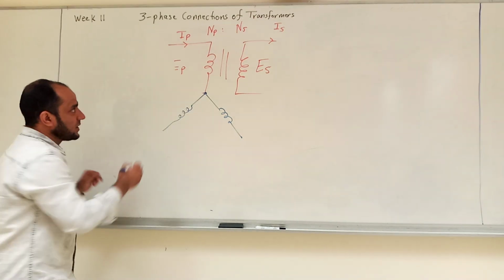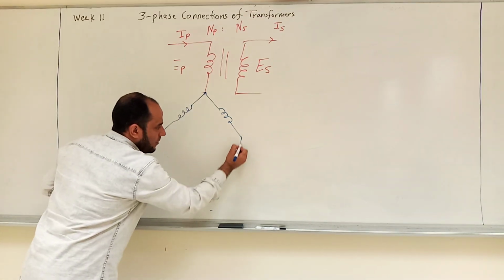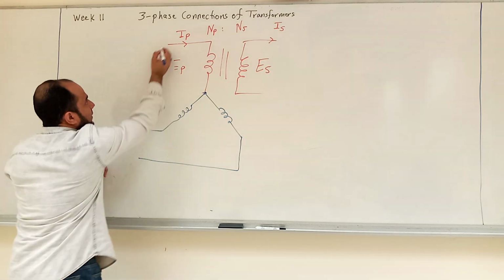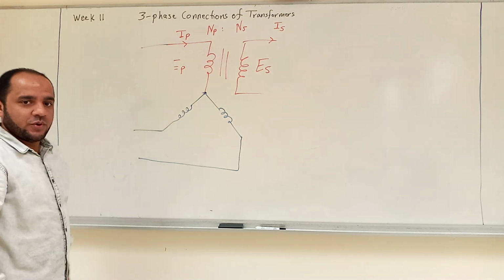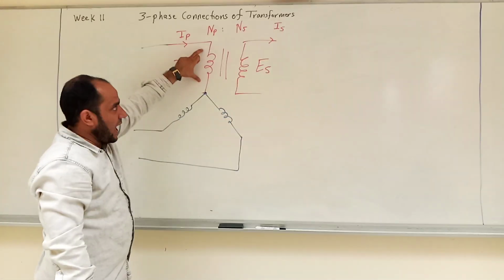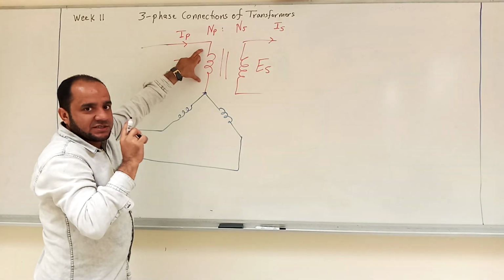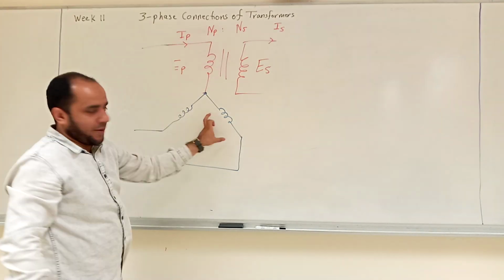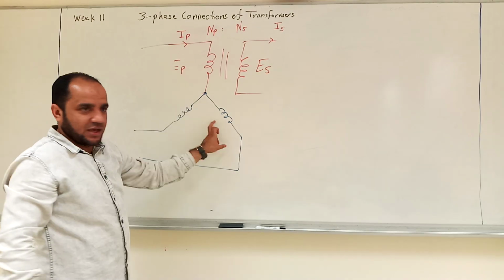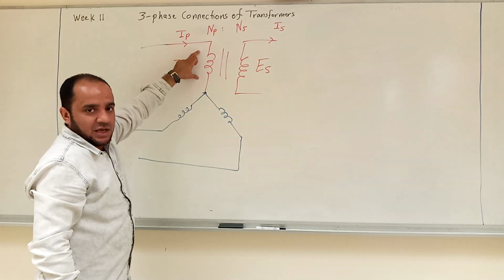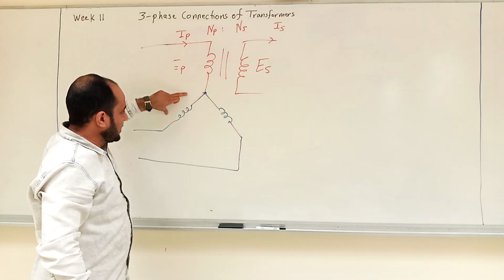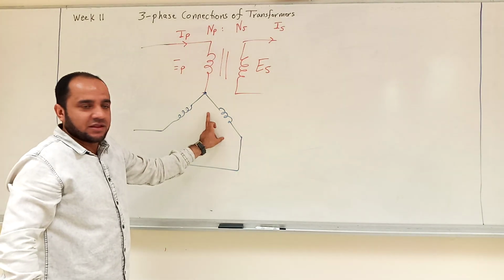See, does this remind me of something from the week 9 lecture, right? Now what we're doing here is connecting three single phase transformers in a Y shape, a star shape. You see, this is number 1, a single phase transformer, another single phase transformer, a third single phase transformer.